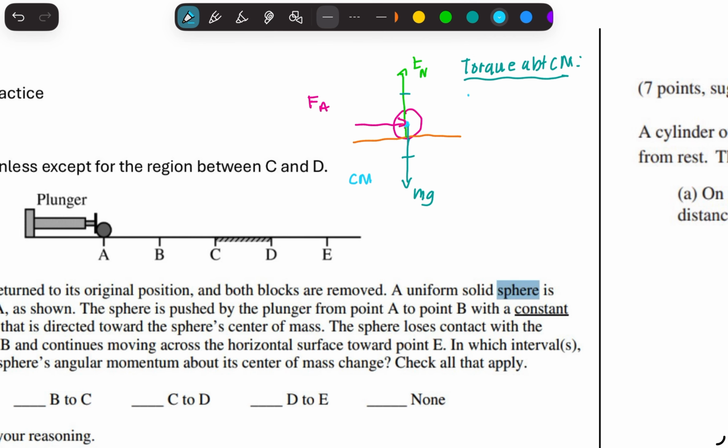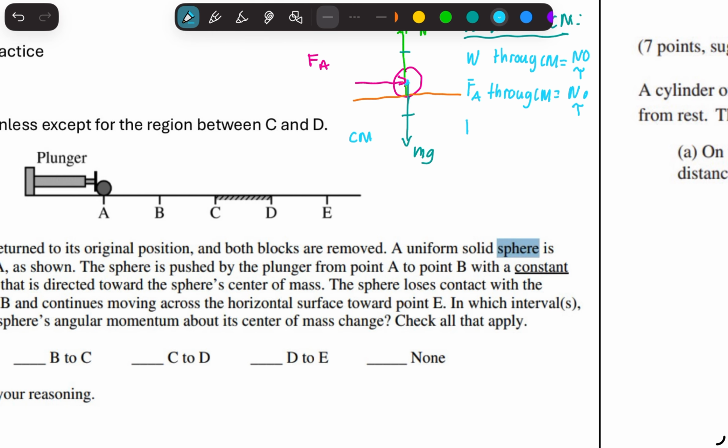So the weight is going to be at or through the center of mass. Therefore, it's going to be no torque. Now, our force of our plunger is going to be through our center of mass. Therefore, there is no torque produced by this either.